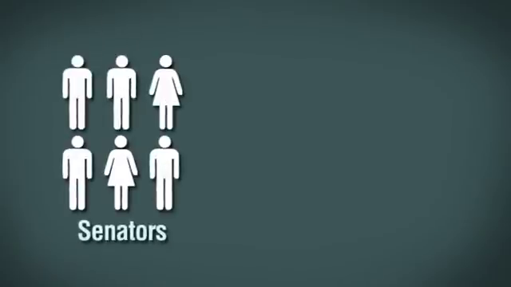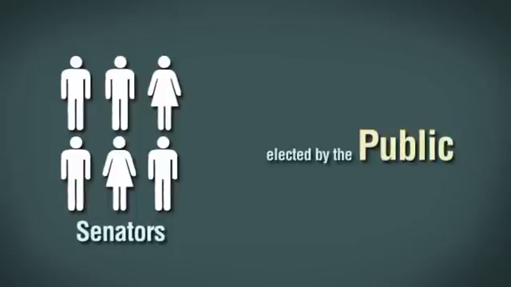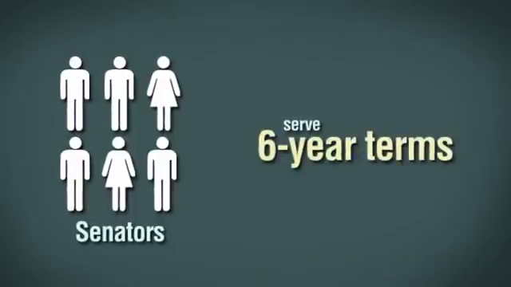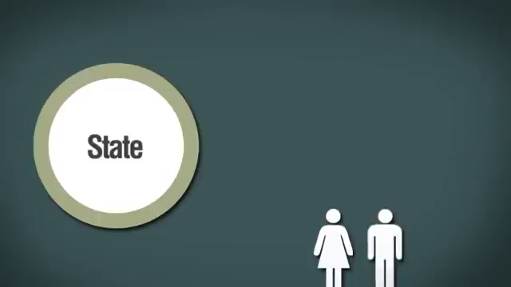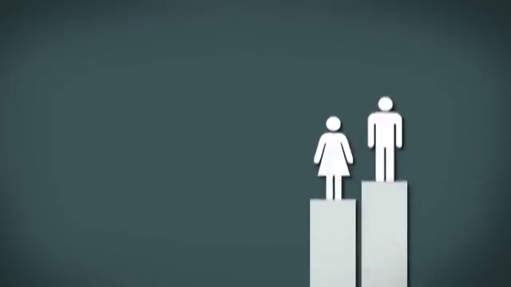Senators, like members of the House of Representatives, are also elected to their seats by the public. Senators serve 6-year terms, and elections are staggered, so every 2 years, a third of the senators run for re-election. Each state is represented by 2 senators, regardless of its population. And again, the first-past-the-post voting system is used, so the candidate with the most votes wins.